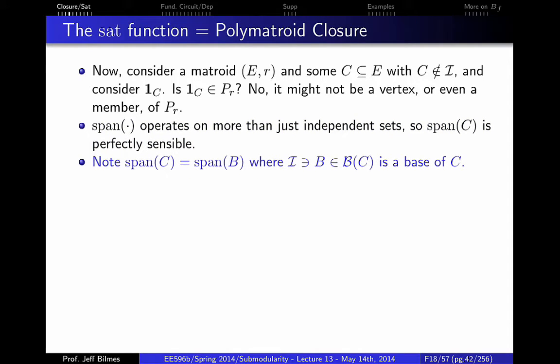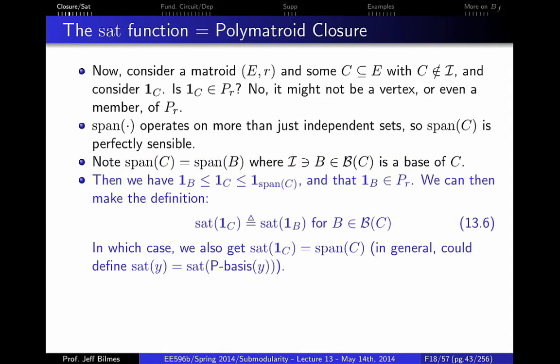So what you could do is fix this up by saying the span of C is always just defined to be equal to the span of B, where B is a base of C, and you take any base of C. And so therefore we could define SAT in exactly the analogous way. We could say that SAT of 1C is equal to SAT of 1B, where B is any base of C.